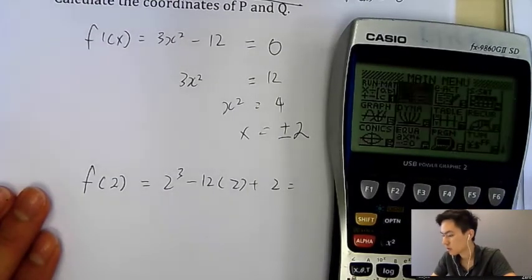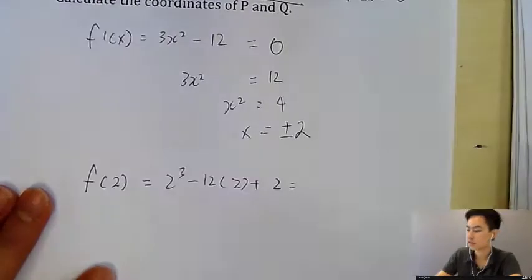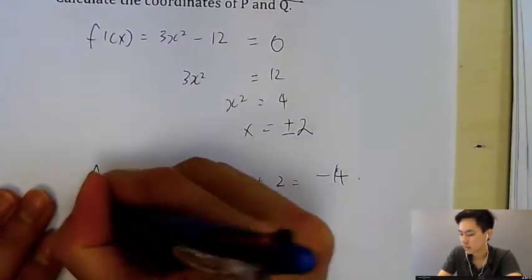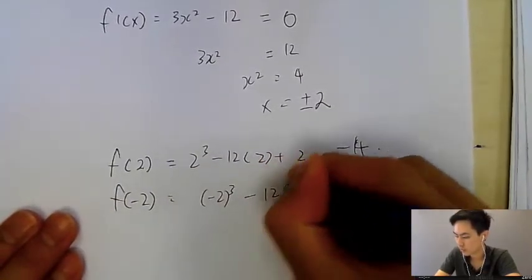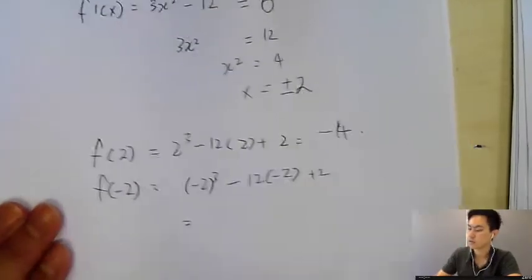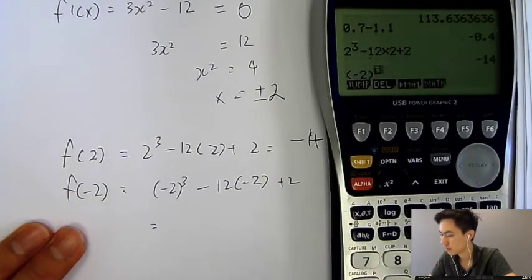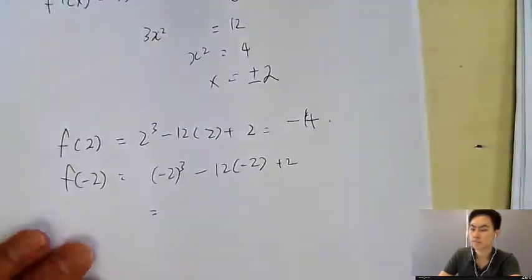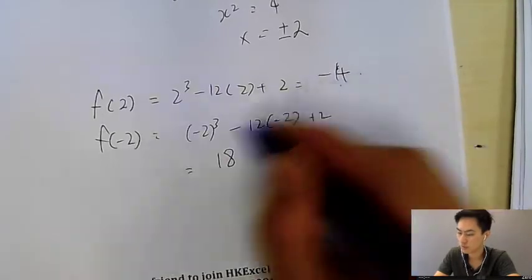So 2 cubed minus 12 times 2 plus 2 is minus 14. And then f of minus 2: minus 2 cubed minus 12 times minus 2 plus 2. So that is minus 2 cubed, minus 12 times minus 2, and then plus 2. So it's 18. The coordinates are (2, minus 14) or (minus 2, 18).